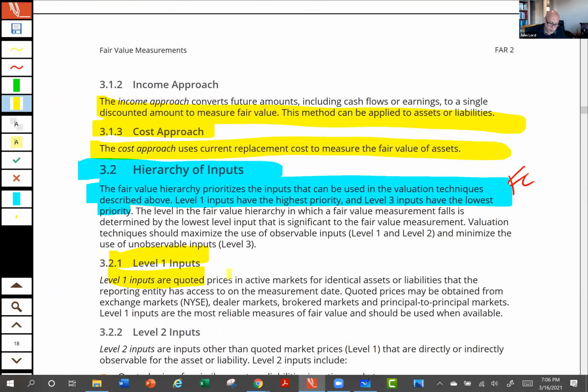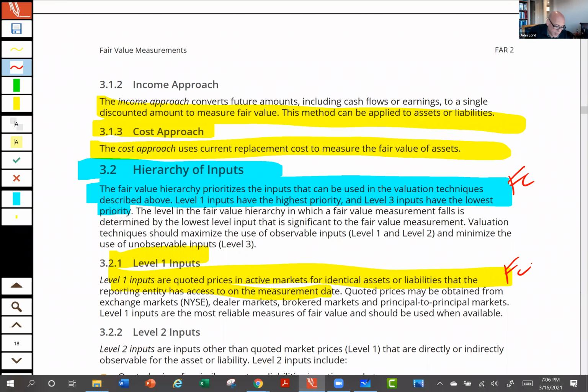Level one inputs are quoted prices for identical assets. So if you've got a stock and that stock is publicly traded, you've got a level one input. It's an identical asset. It's just different shares that you have versus the shares that someone else holds. But whatever the quoted market price is on those shares, that's a level one input.